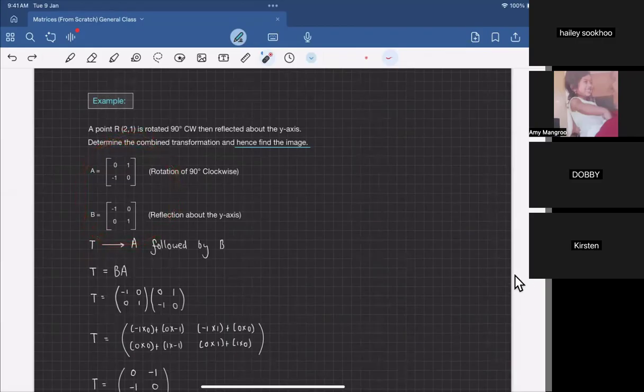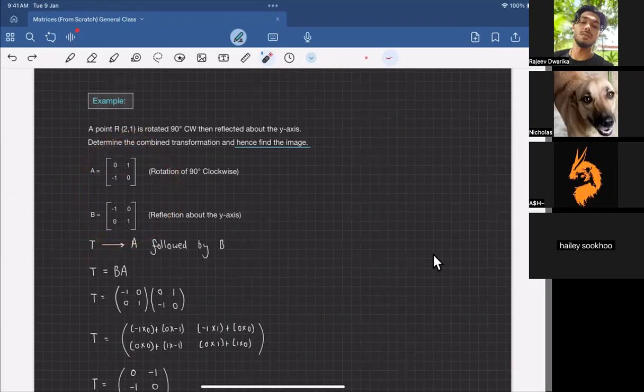Sasha, do you understand what's going on here, or do you want me to re-explain that? I understand it so far. All right, so how many things are we doing to this point? How many transformations are we applying there?